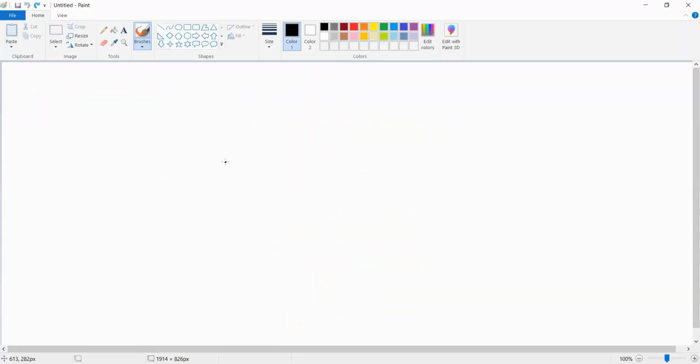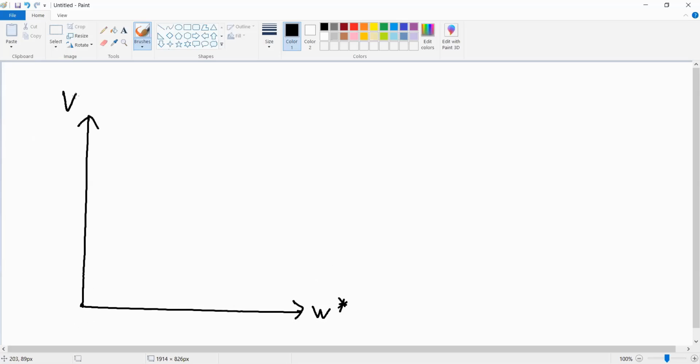So now let's draw our two axes. Here's the vertical axis. Here's the horizontal axis. The horizontal axis is W star. The vertical axis is VU.